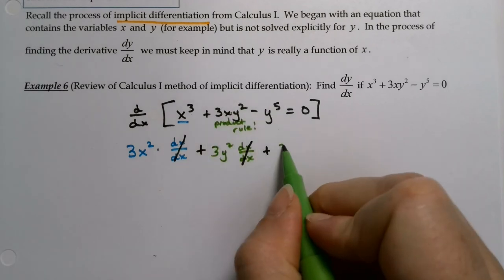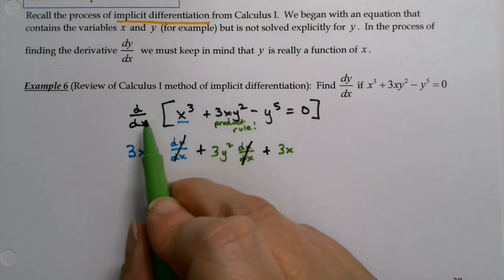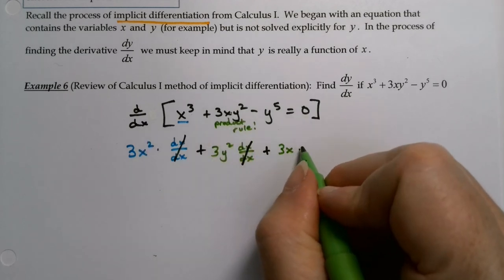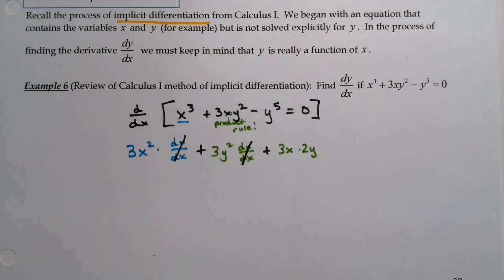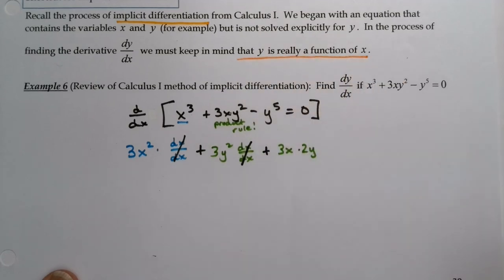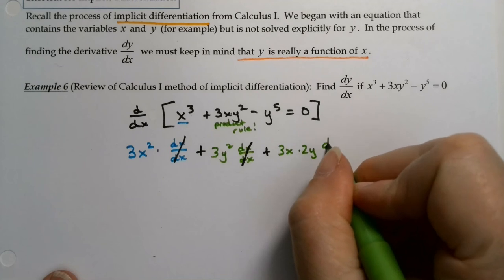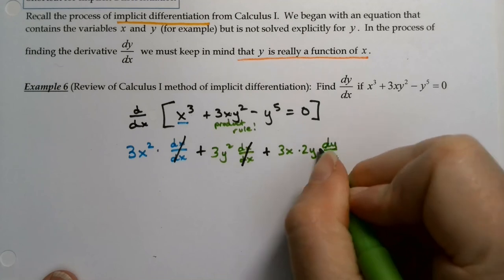And then now leave the 3x alone and take the derivative of y squared, but with respect to x. So that's times 2y, but y is a function of x. That's the part you don't want to lose sight of, right? Y is really a function of x. So when you take this derivative, you have to multiply by dy dx.